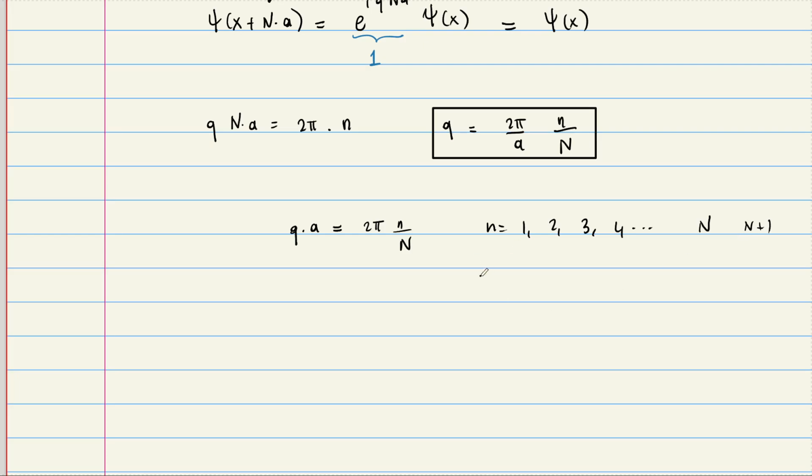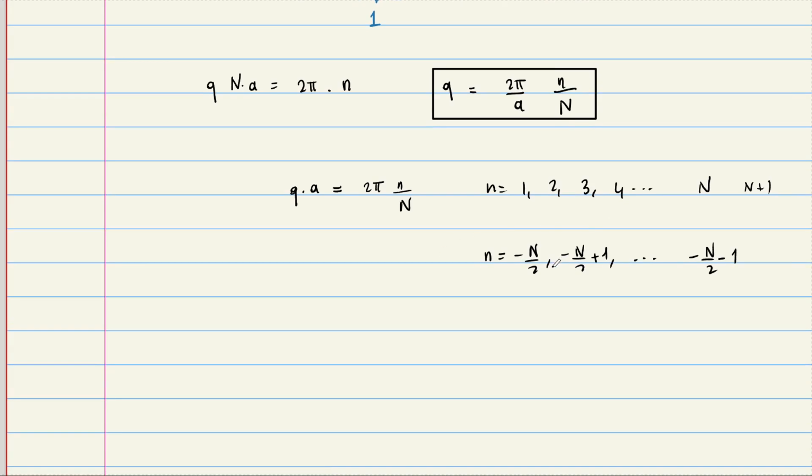Okay? So another way is, any unique root is fine. We can also take it like minus N over 2, minus N over 2 plus 1, dot, dot, dot, N over 2. That's also fine. I think to have N points, we need to subtract 1 from here. So for these unique roots of the exponential, what unique values of q do I have?